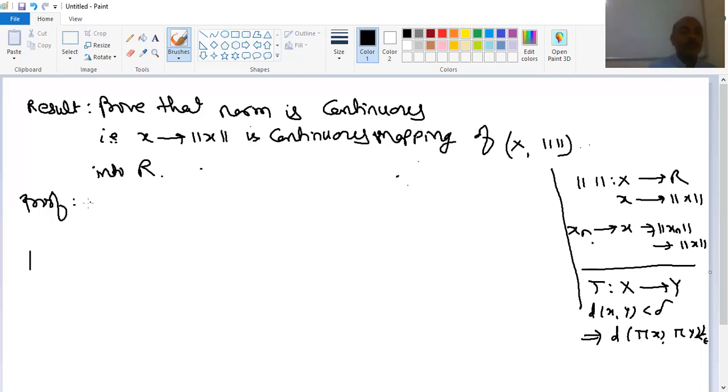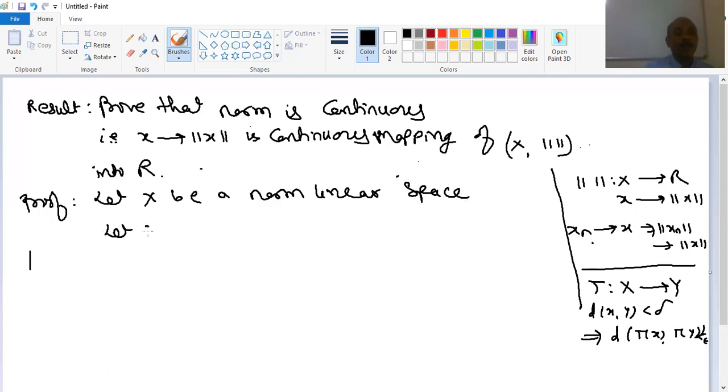Now let X be a normed linear space, and let x belong to X. Let xn be a sequence in X, and consider that xn converges to x.